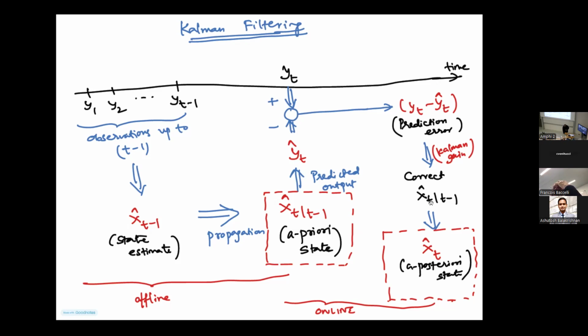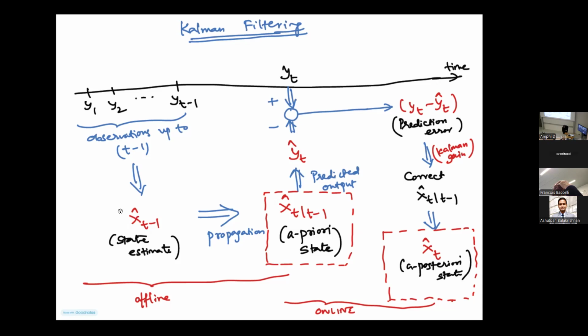Once we correct it, we estimate the a posteriori state, which is x hat of t, through the corrections. This process is a real-time or online process. So the Kalman filtering algorithm can be broken into two parts. One is the offline analysis, and another is the online analysis.